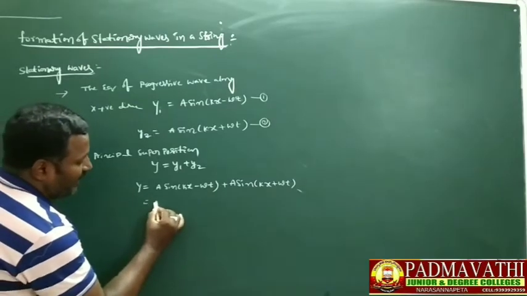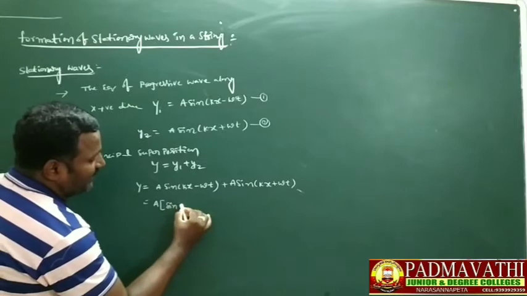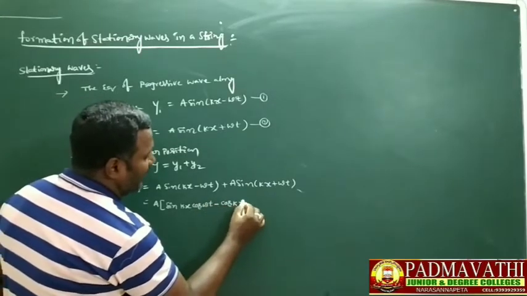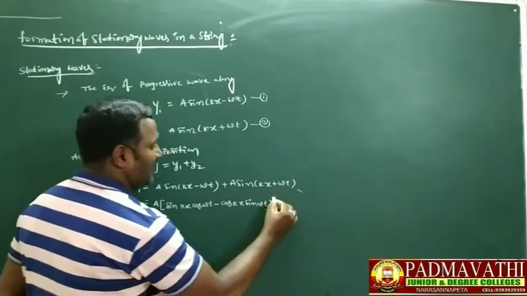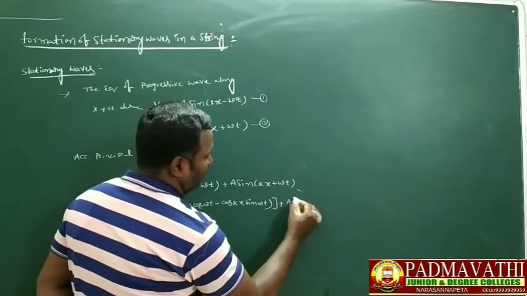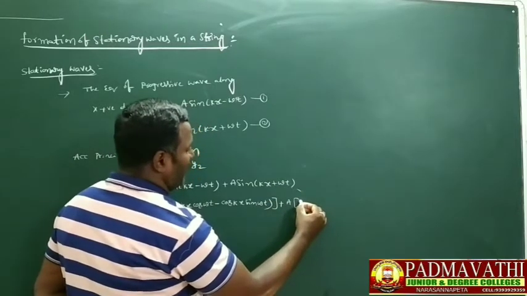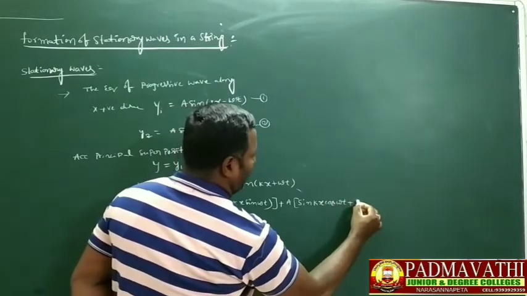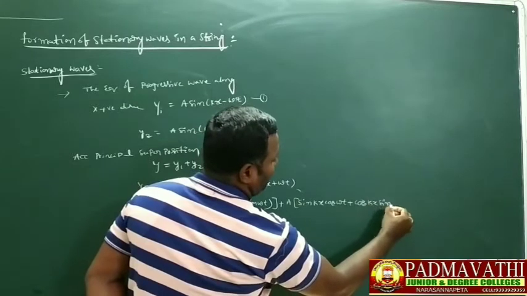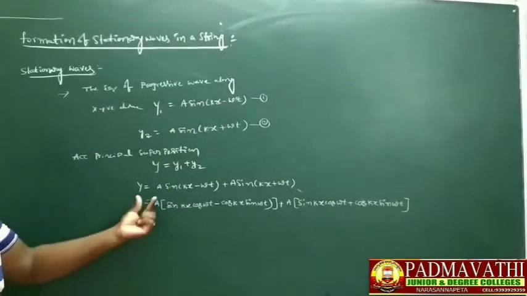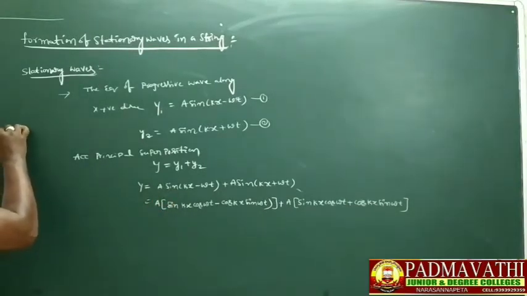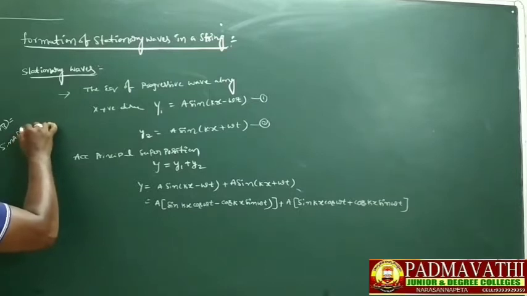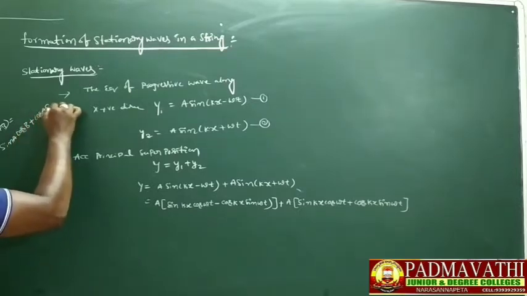The formula sin(a plus b) equals sin a cos b plus cos a sin b.